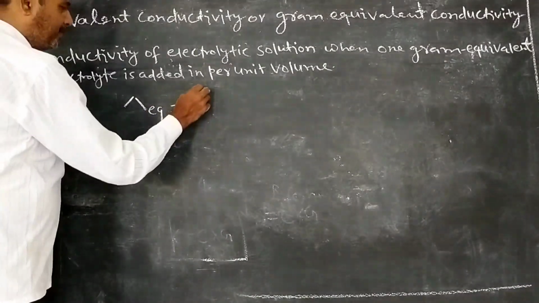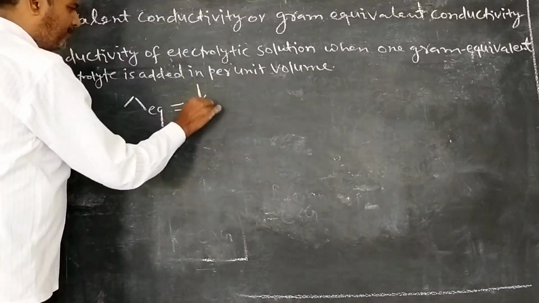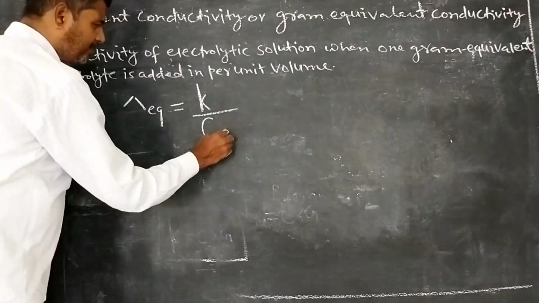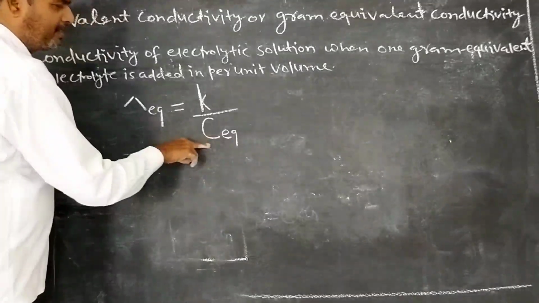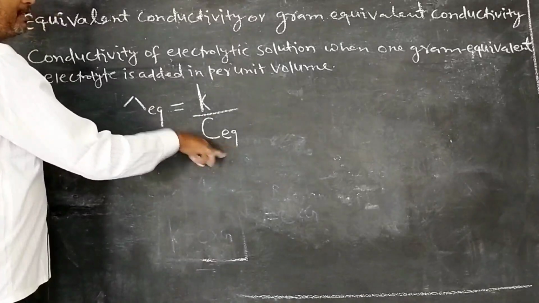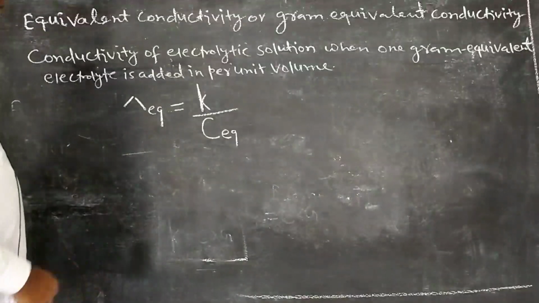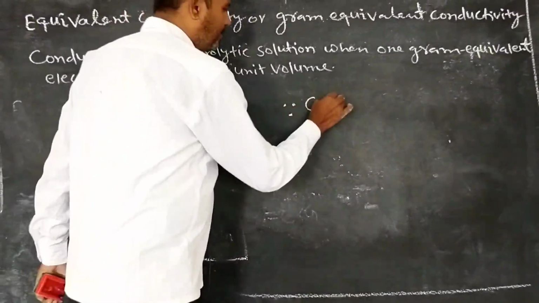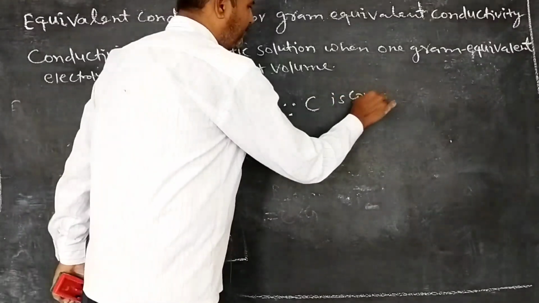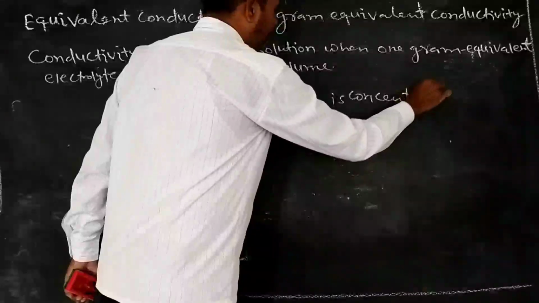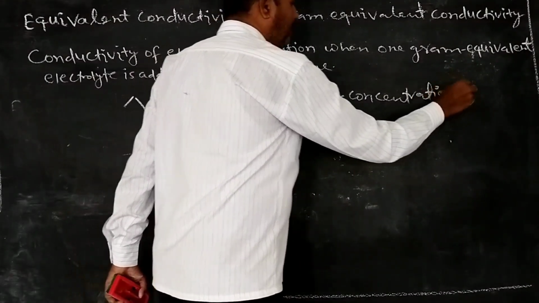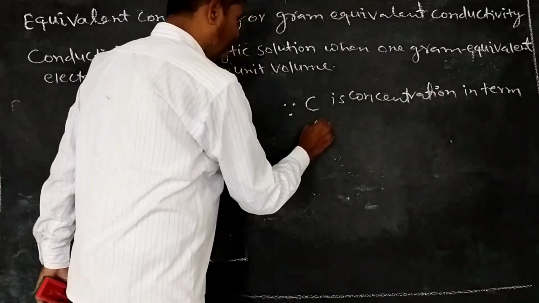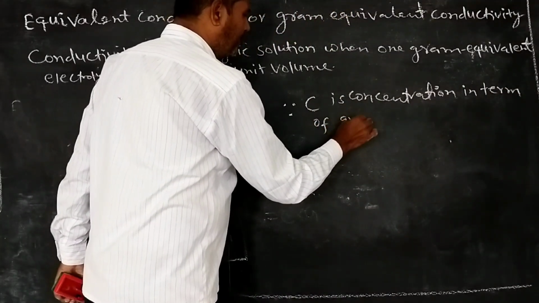It is the specific conductivity kappa upon C, where C is the concentration in terms of gram equivalent.